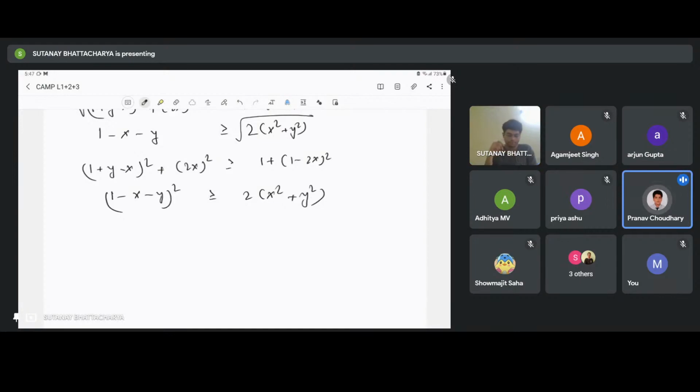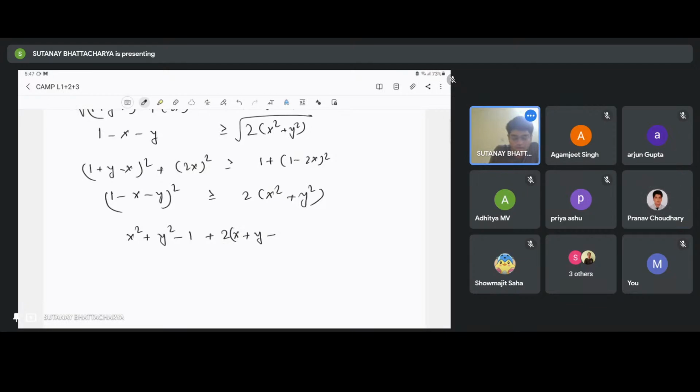The first one gives x square plus y square minus 1, plus twice x plus y minus xy, greater than or equal to 0, if I didn't do anything wrong. Yes, I think that is correct.